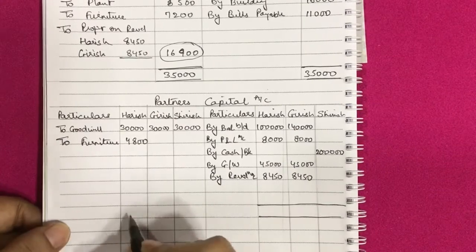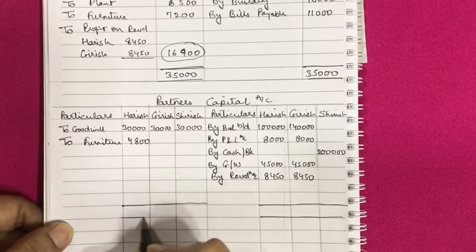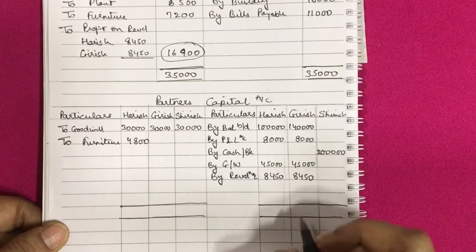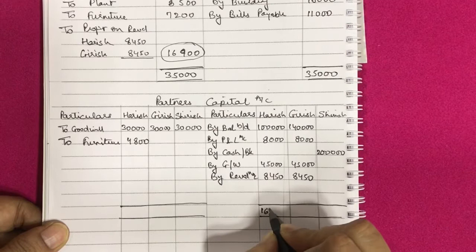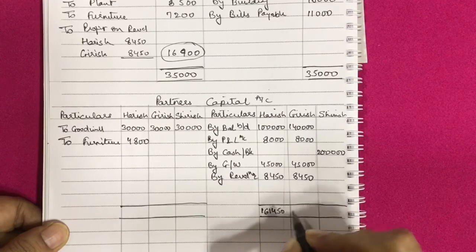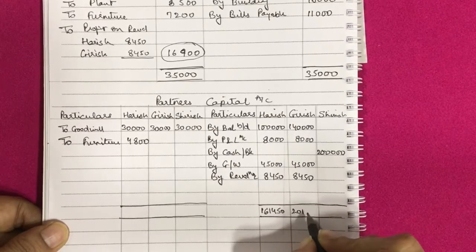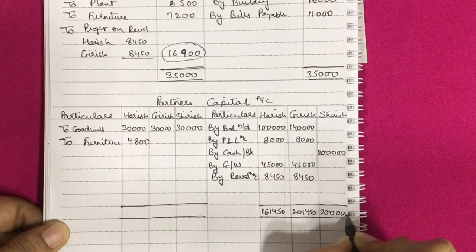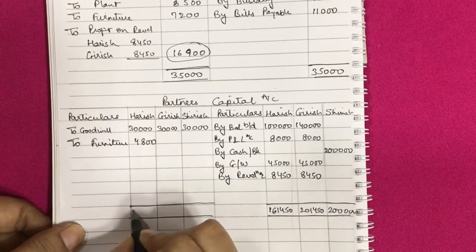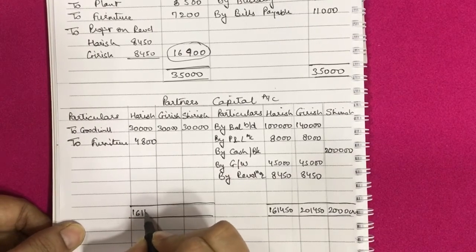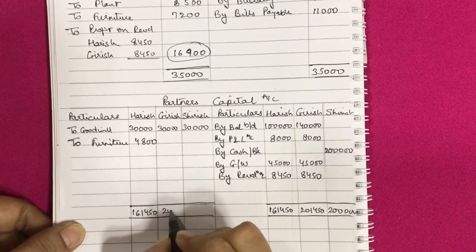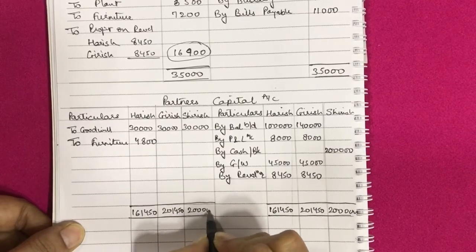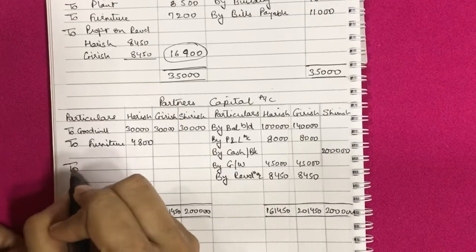Now we have to balance our partners capital account. Total it up, both the sides. This is 161,450, this is 201,450, and this is 2 lakh. Same figures I will write here, 161,450, 201,450, and 2 lakhs. Now find out balance.